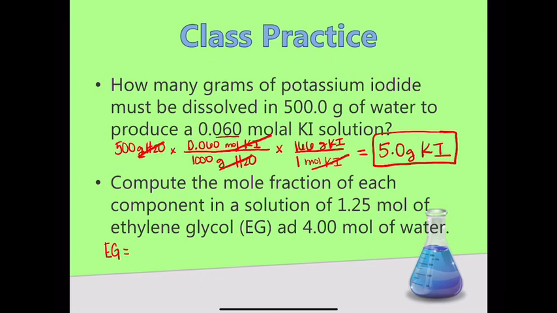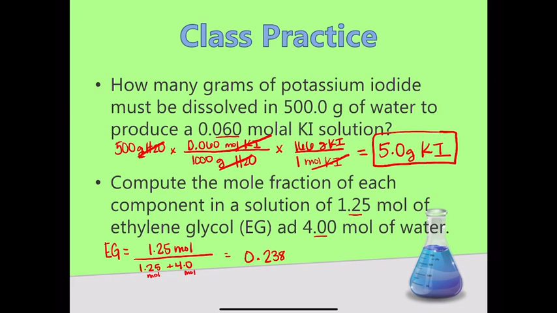So the ethylene glycol is 1.25 moles over our total, which is 1.25 plus 4.0. And those should both be moles as well. So if we do that, 1.25 over 5.25, you should get 0.0238.